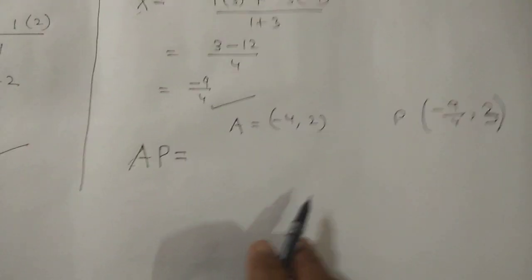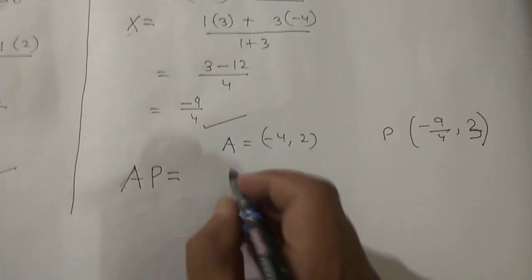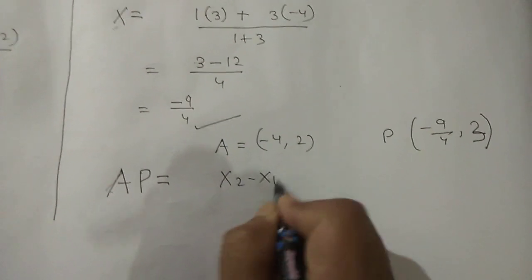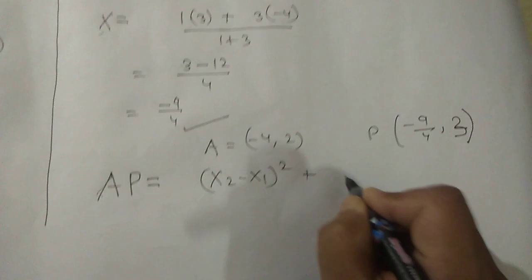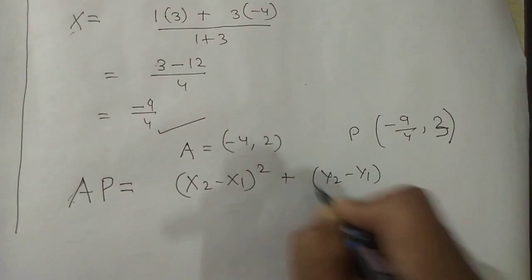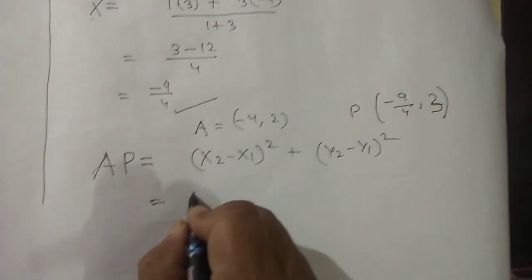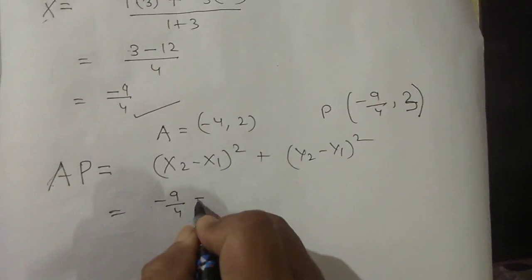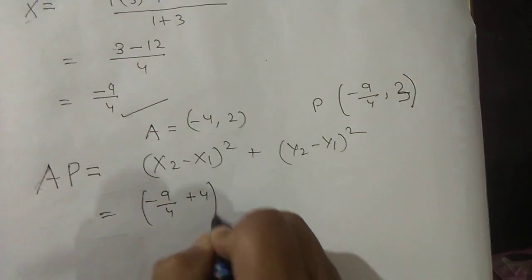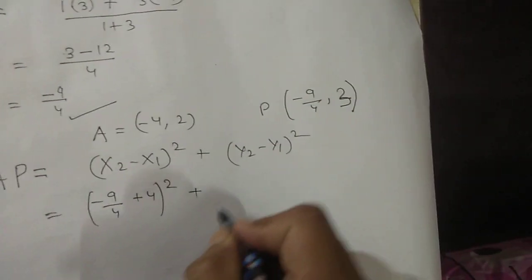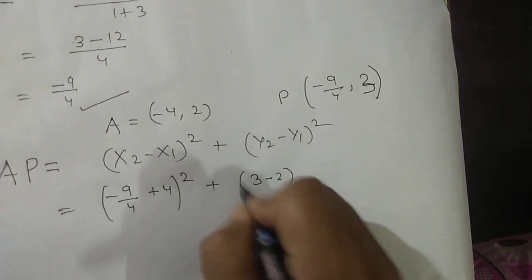Now you will use the distance formula. Distance formula is the square root of (x2 minus x1) whole square plus (y2 minus y1) whole square. x2 is minus 9 by 4 minus minus 4, whole square, plus y2 minus y1, 3 minus 2, whole square.